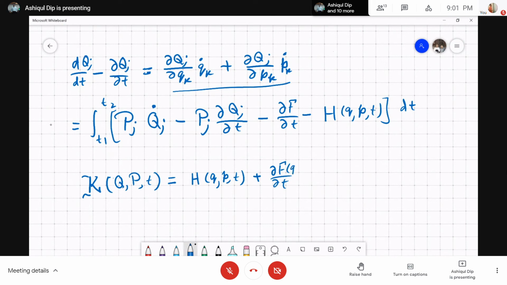Basically, F is a function of Q, P, and T, and then plus P_j ∂Q_j/∂t.